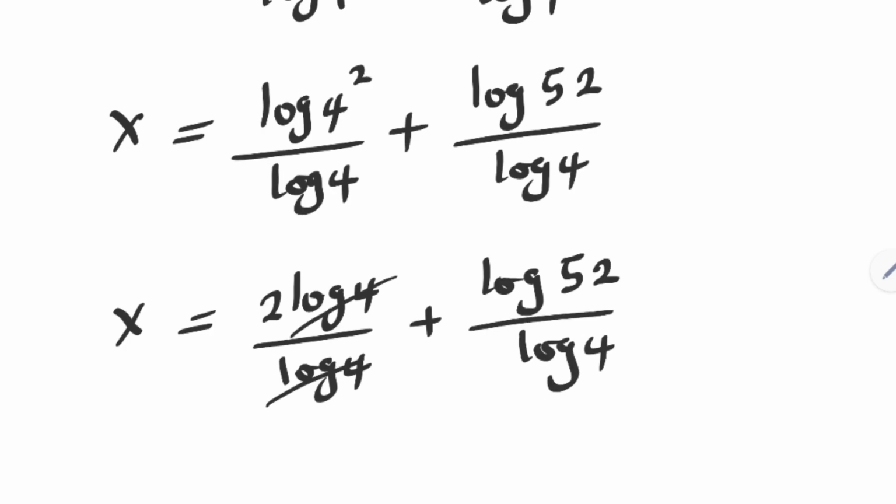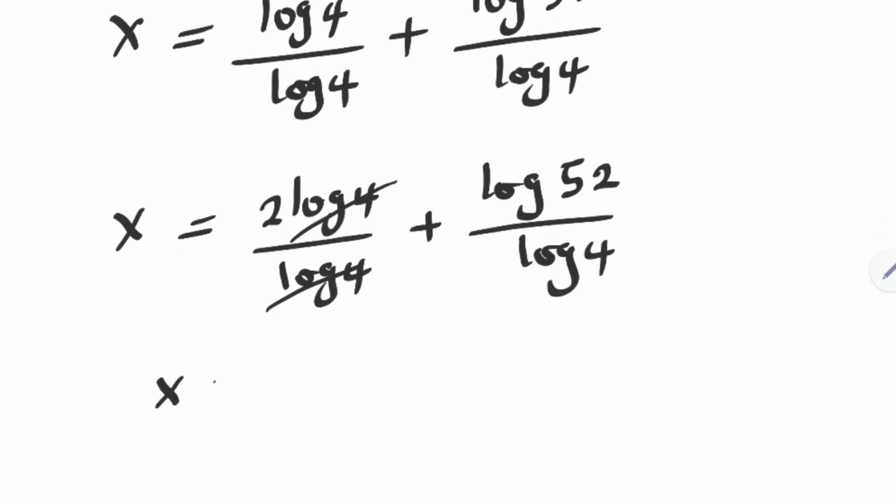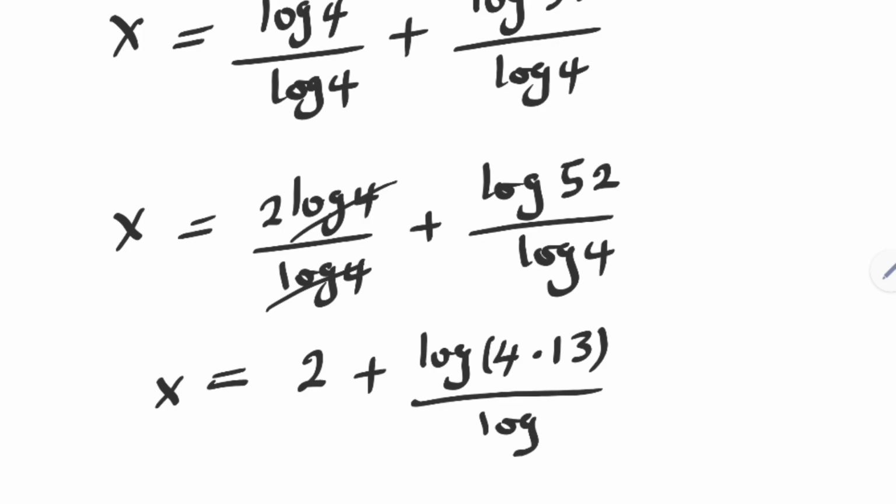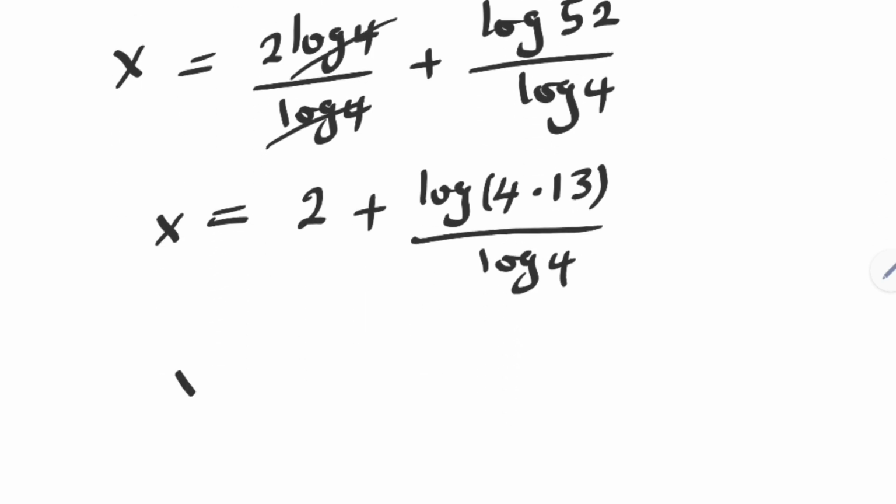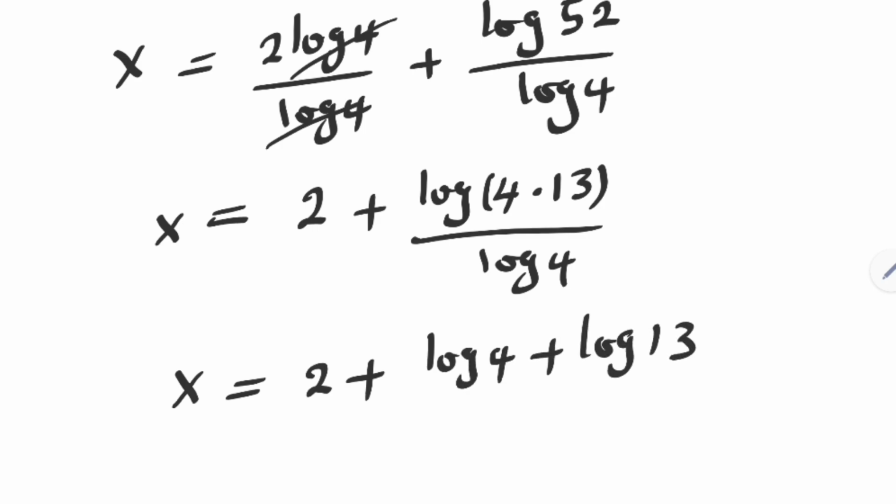This log 4 cancels this log 4. x is equal to 2 plus log 52 can be written as log 4 multiplied by 13 divided by log 4. x is equal to 2 plus log 4 plus log 13 divided by log 4.